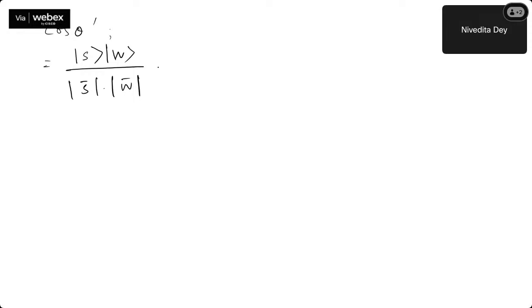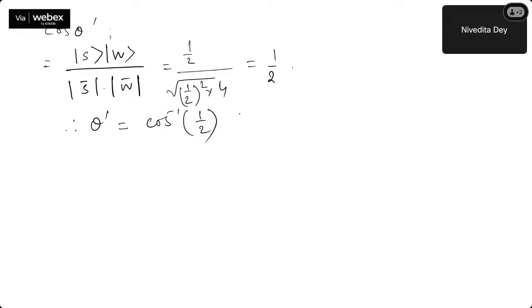For an n input state, it will be half, and this one will be root over of this half square and all those things. So this is 1 by root 2 whole square times 4. If you calculate it, you will get the value half. So your theta bar will be cos inverse of half, which is 60 degree.